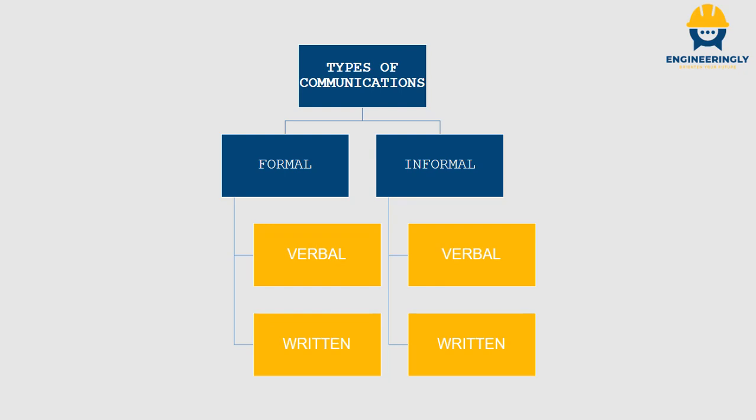For the formal written, RFIs could be a good example, when one of the stakeholders sends you a request for information. For the informal verbal, as I mentioned earlier, talking with your colleagues at the lunch table is the verbal informal type of communication. Messaging through WhatsApp or any other social media platform is the informal written type of communication in a project.